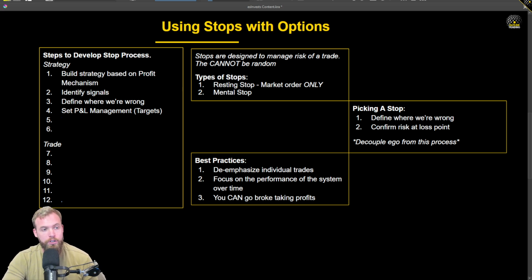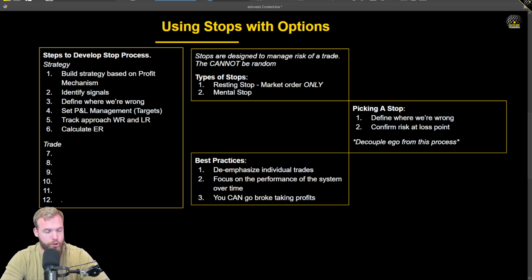Stops can be used both to manage risk, but then also to secure profits once we're in profit. Next, we have to track our win rate and loss rate. The reason why these matter is because we have to make sure that the stops that we're using guarantee positive long-term expected return, which again, the example will go through all of this.